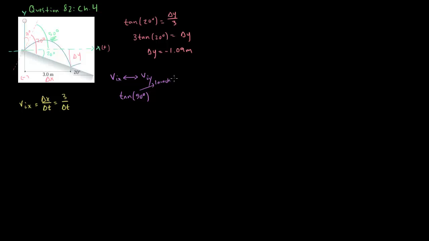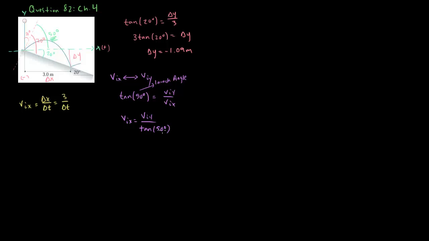I mean, I'm calling it launch angle, it's actually the bounce angle after the first bounce. It's going to equal velocity initial y divided by velocity initial x. And I'm going to get that velocity initial x is going to equal velocity initial y divided by tangent of 50 degrees.